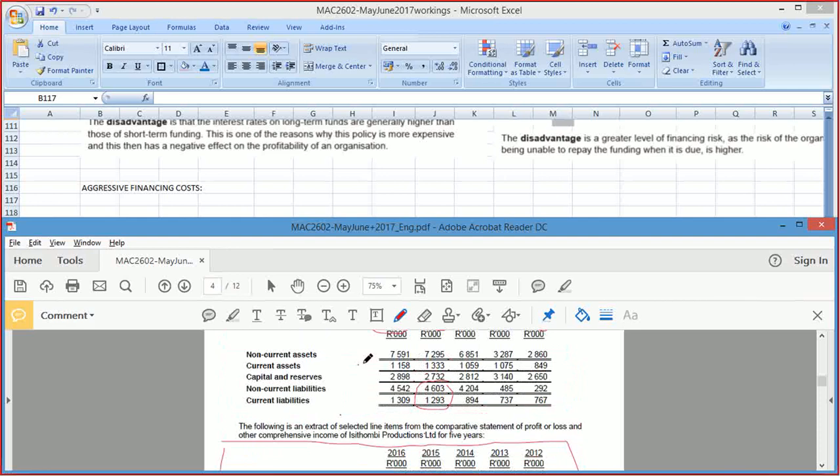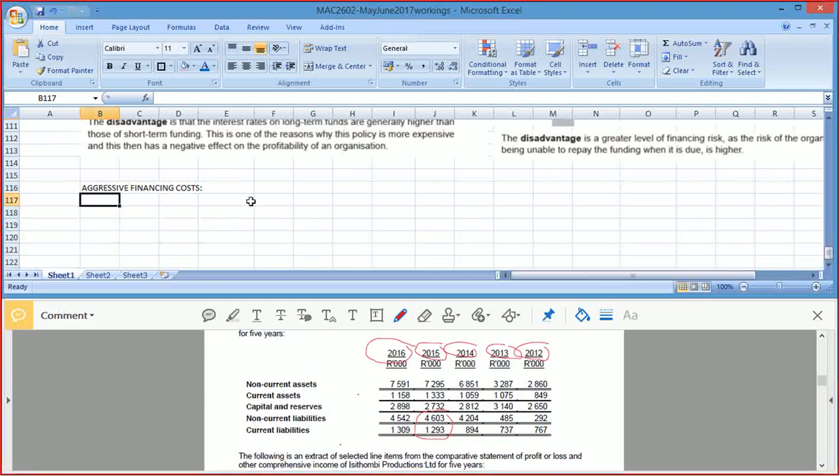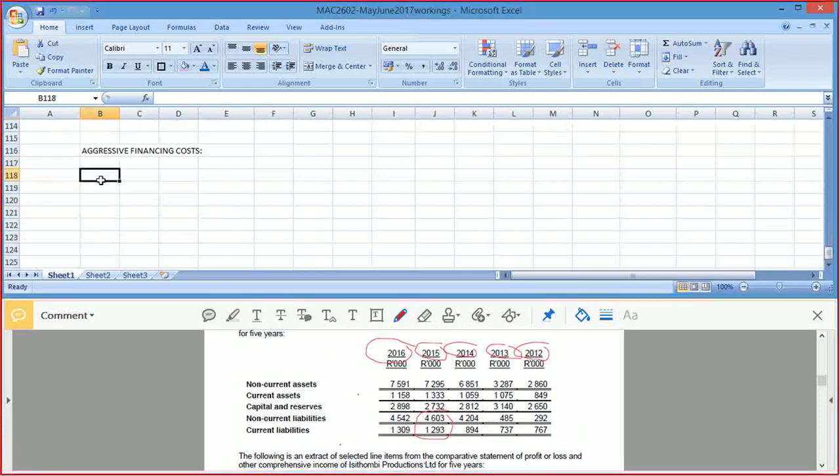I'm gonna need those costs here. Okay, so financing, long term, short term. Okay, so all years, 2016, 15, 14, 13, 12.